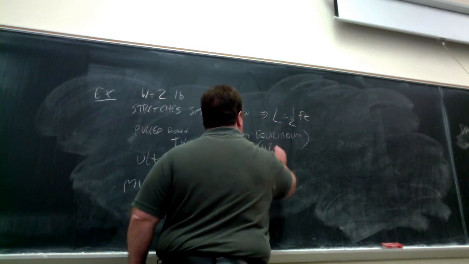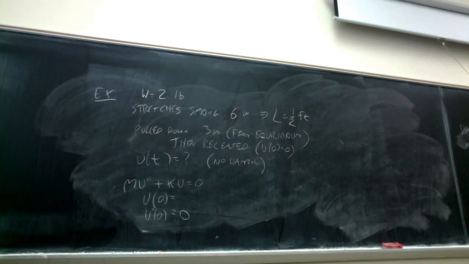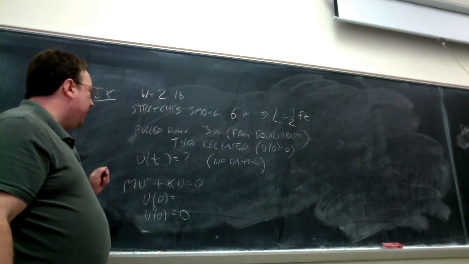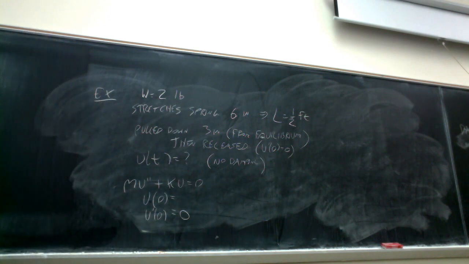That means u prime of 0 is 0. So we fill in 0 here due to being released. And then what about the initial displacement? What should I actually write down for units? 1/4 of a foot, 3 inches.